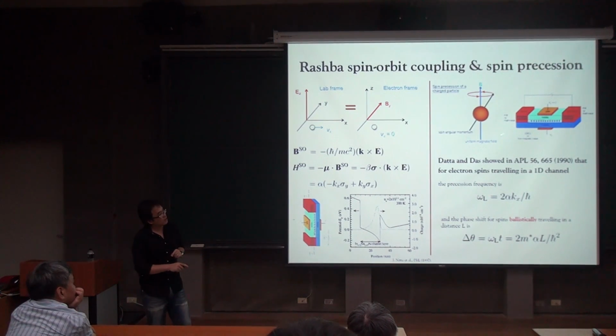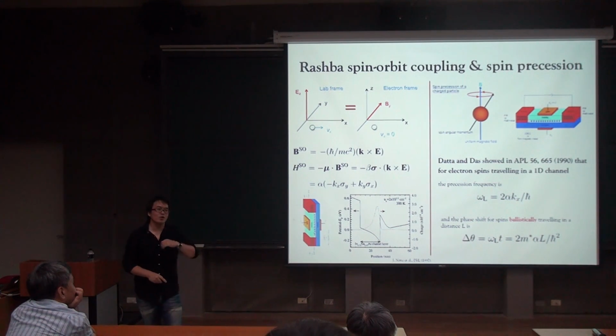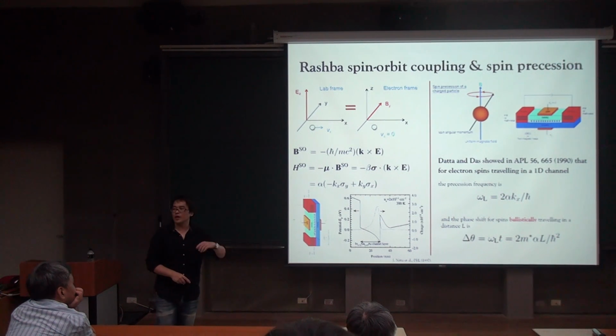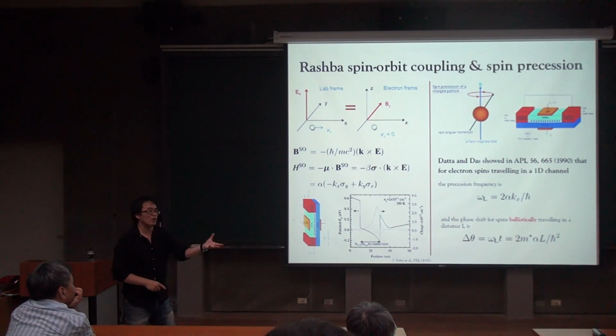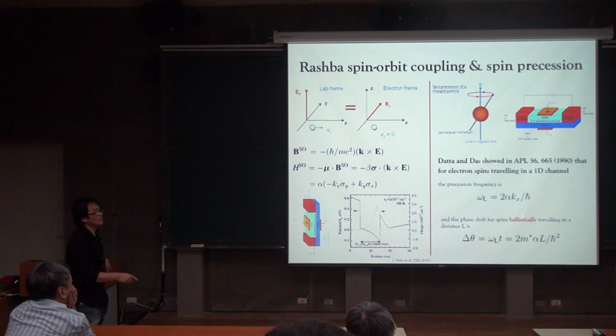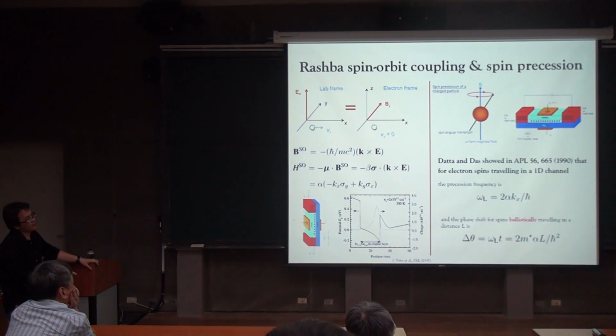Because if the electrons are scattered in the middle while moving from the injector to the collector, they will go somewhere else, and spin randomization, or loss of spin coherence, will also happen. So if you have scattering in the middle, this will not give you a very good on-off ratio.